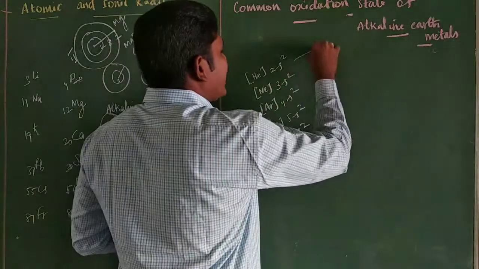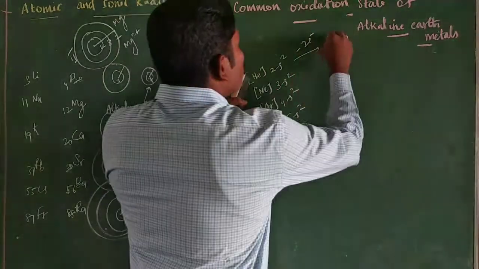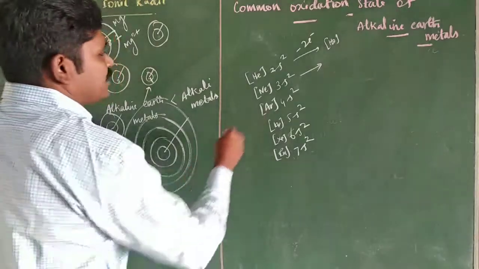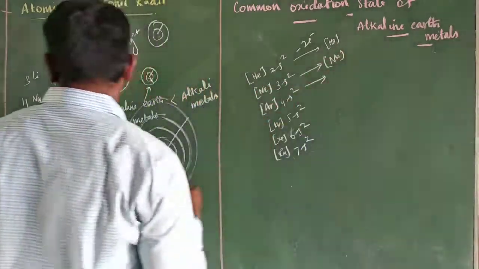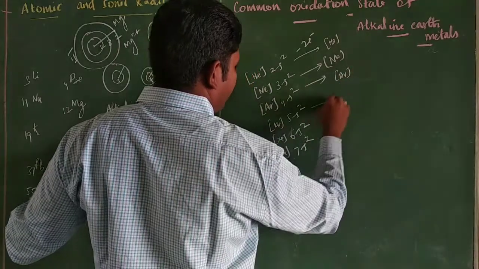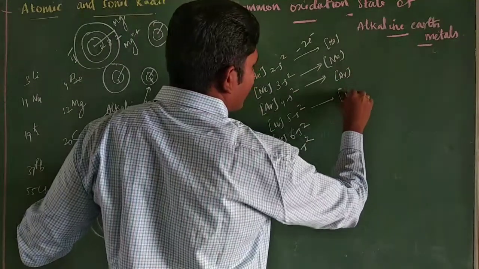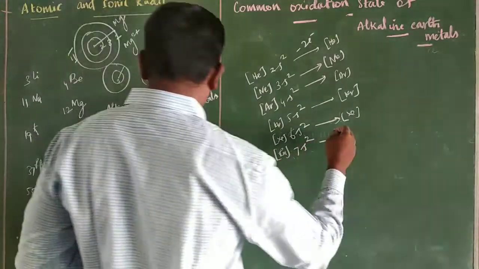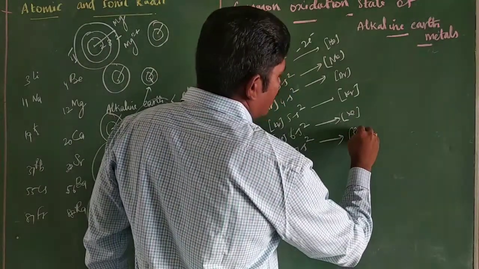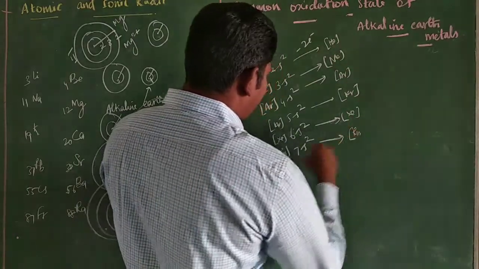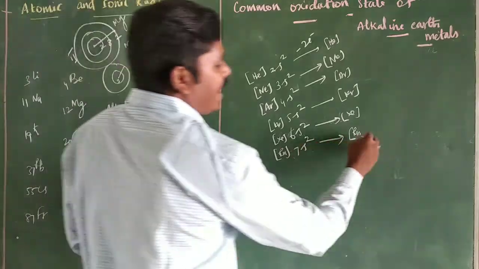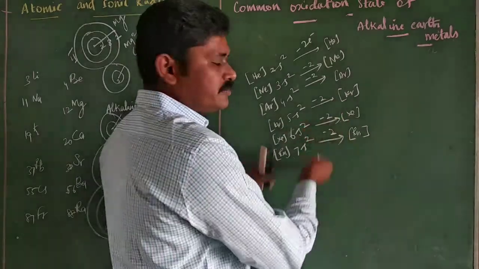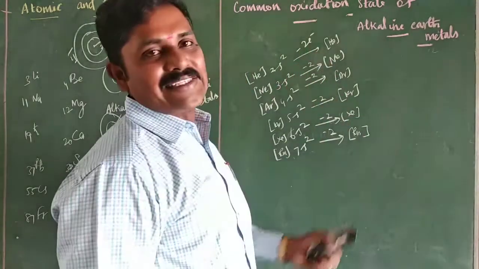They easily lose 2 electrons to reach the noble gas electronic configuration: beryllium reaches helium, magnesium reaches neon, calcium reaches argon, strontium reaches krypton, barium reaches xenon, and radium reaches radon electronic configuration.